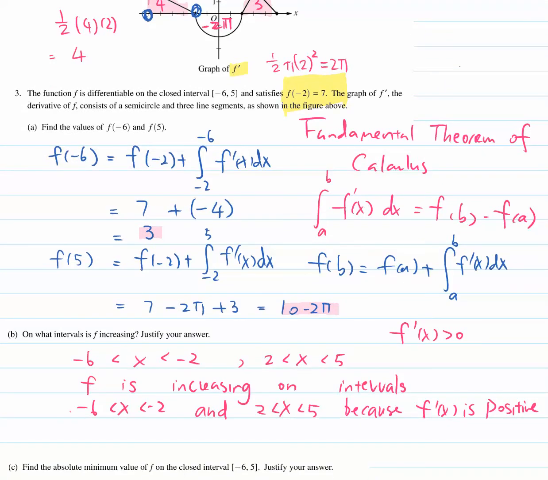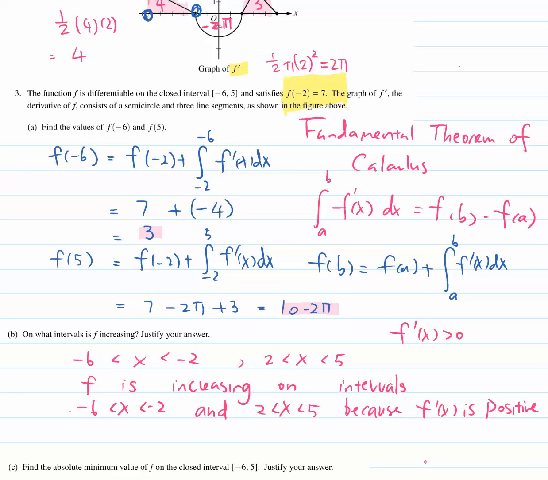And then for part C, we want to find the absolute min of f. There are 2 steps. The first one, we want to find the internal possible points, meaning that the minimum value between -6 and 5.